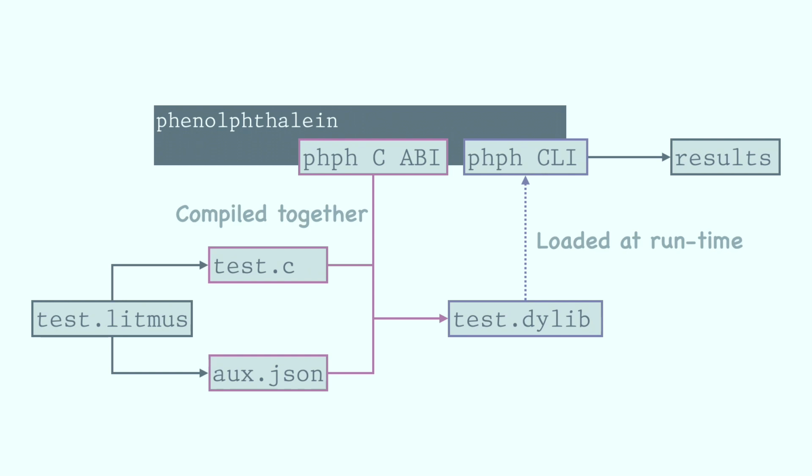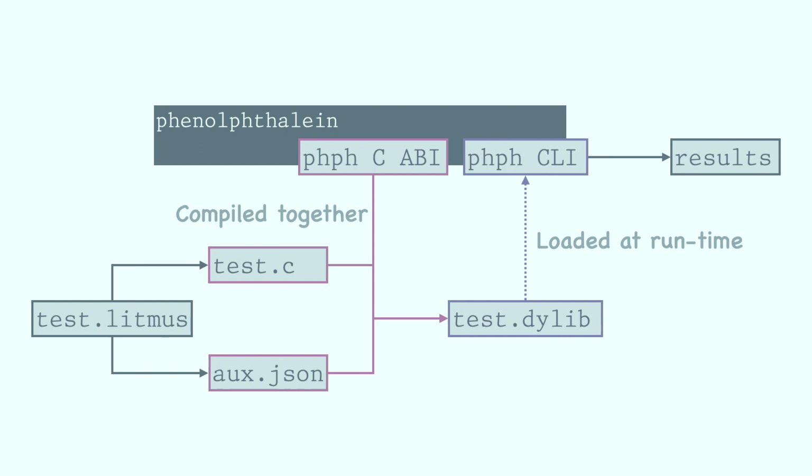But the main idea of phenolphthalein is that we have a distinction between the compile side bit of test preparation and the runtime. And as you can see in this little diagram, we're actually going to be running a dynamic library that contains the test. And this is very different from the source inclusion that we had previously.